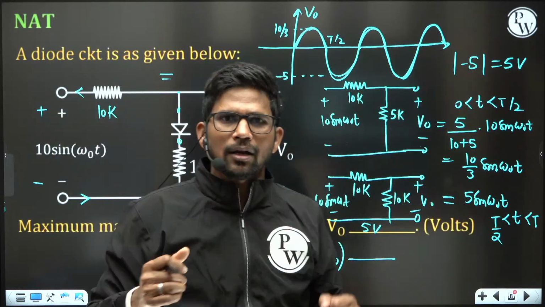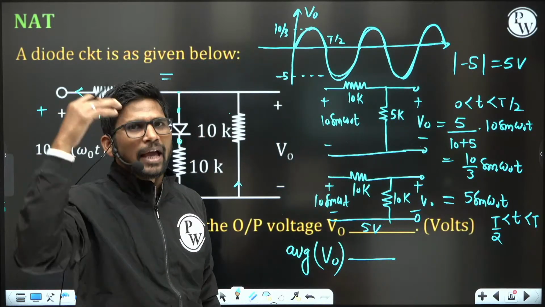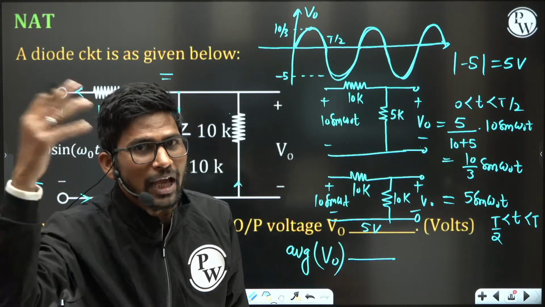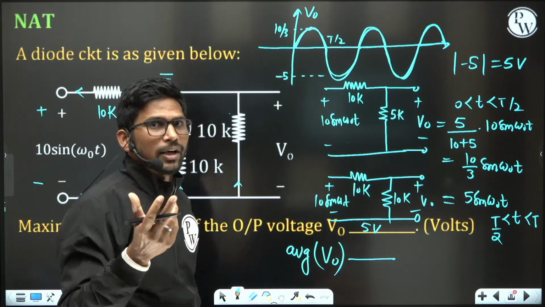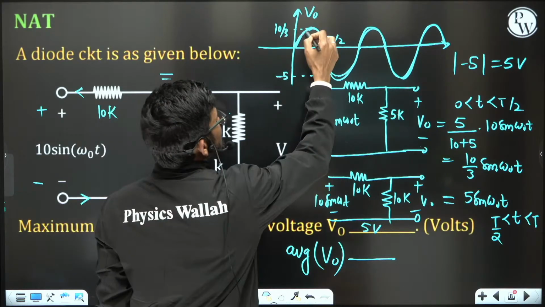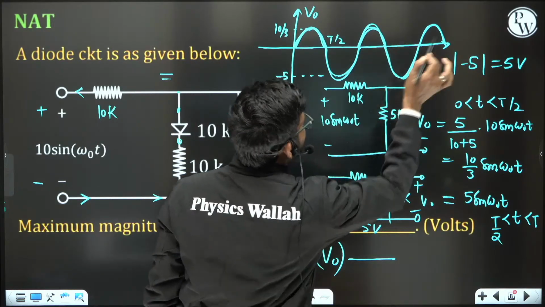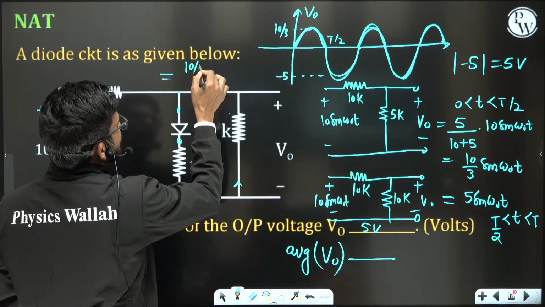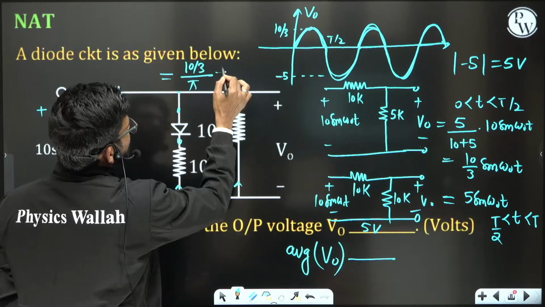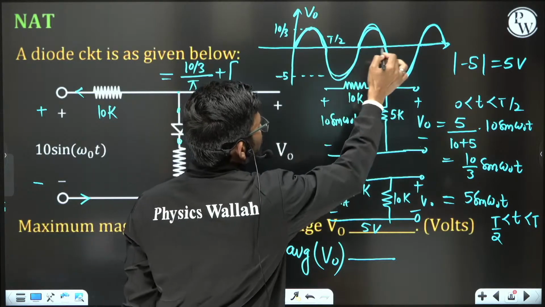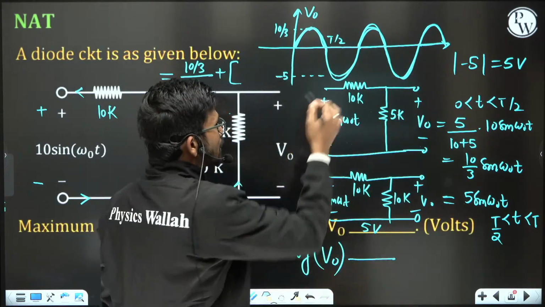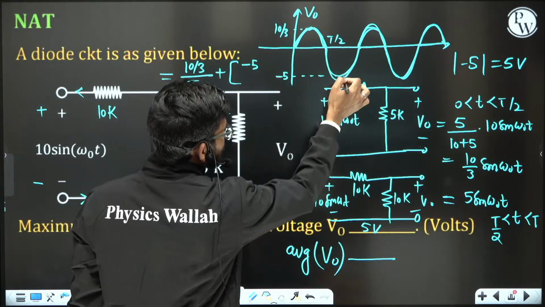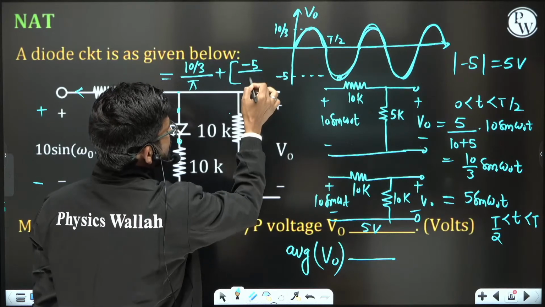So the average value of the upper half plus the average value of the lower half will be the average value overall. And in case of a half wave rectified waveform, the average value is written like what? If this is a half wave rectified waveform, then its average value is nothing but this maximum value 10 by 3 divided by pi, plus, if this lower half is a half wave rectified waveform, then its average value, with the peak value minus 5, is minus 5 divided by pi.